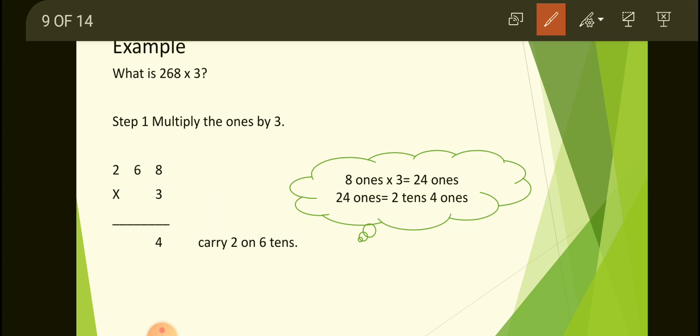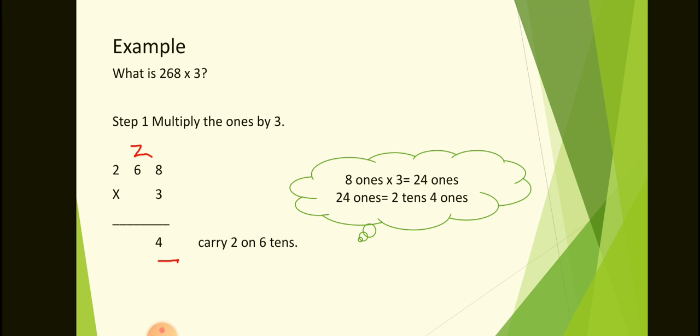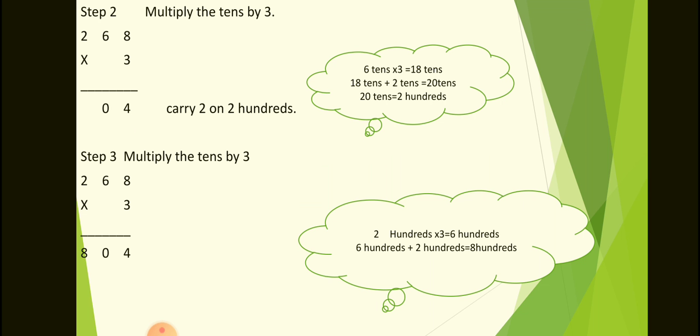Okay, multiply 268 with 3. So starting as usual with the ones place, 8 3s are 24. So I'm writing 4 here and taking a carry on the tens, which is 2. So let's see what is in the next step.